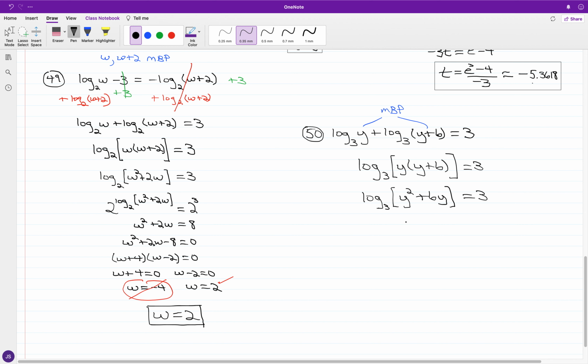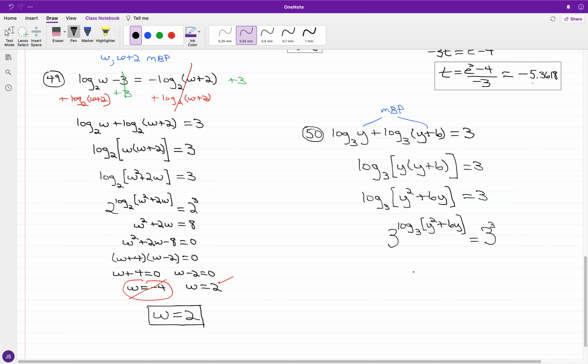And now I have a single base 3 logarithmic term, and I want the base 3 log to vanish. So I can apply, again, both sides as powers to which the matching exponential base is going to be raised. So we have 3 to the base 3 logarithm of the quantity of y squared plus 6y is equal to 3 raised to the third power.